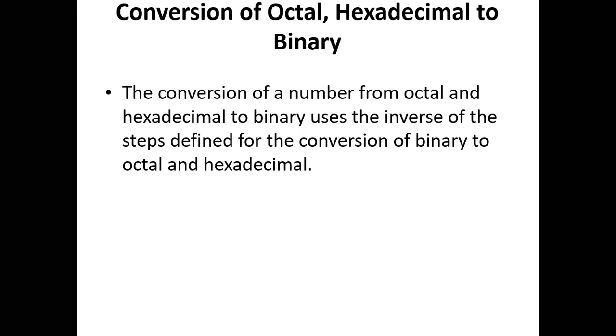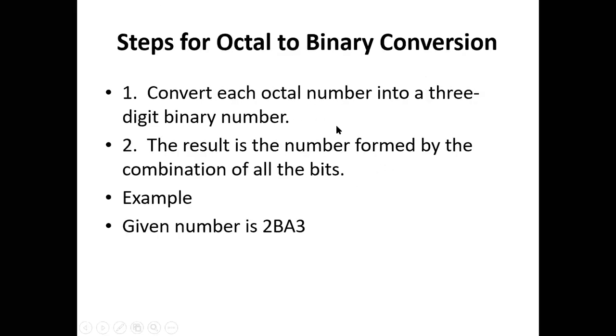Now, this time, when you have a number in octal, the steps that we take are as follows. For each digit in octal, you convert it into a 3-digit binary number. Please take note of this. You convert into a 3-digit binary number.